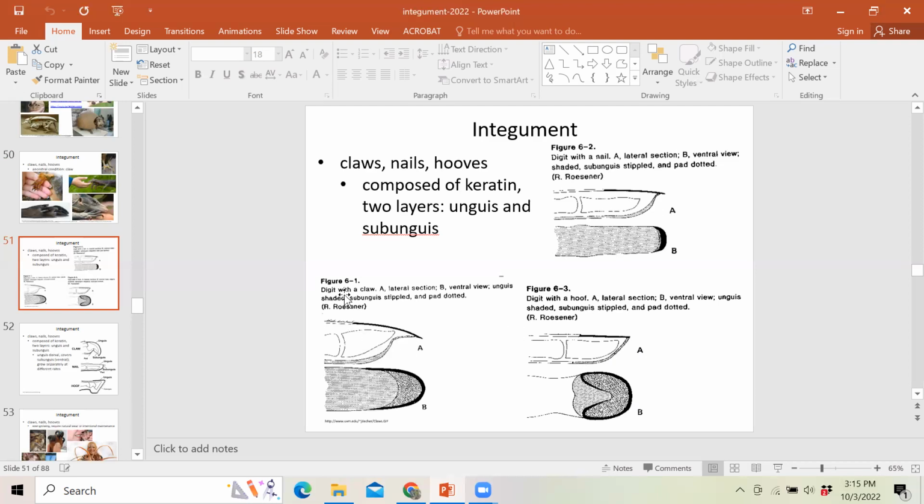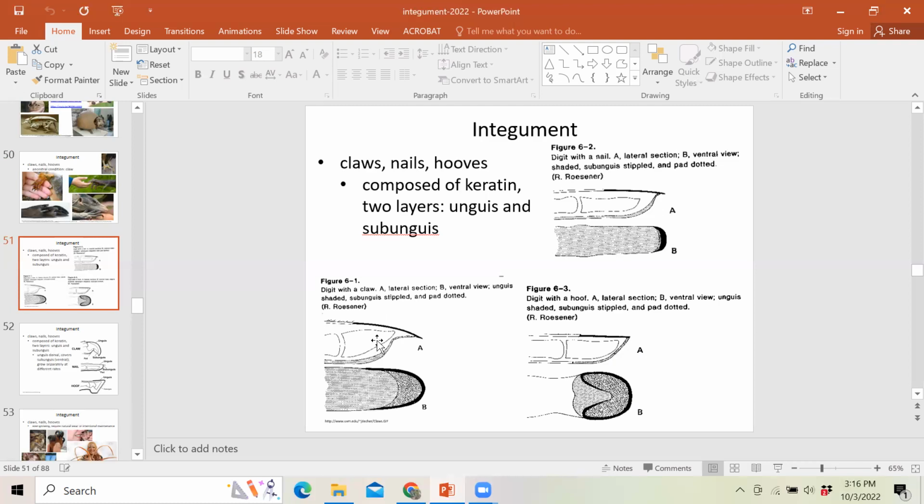You have, for example, figure 6.1 here. You have a section through a claw, and what you see is the black is the hard part, and it comes down to a point. And then underneath is a softer portion, the subunguis, and you can imagine almost taking a file and filing that claw to make it sharper.